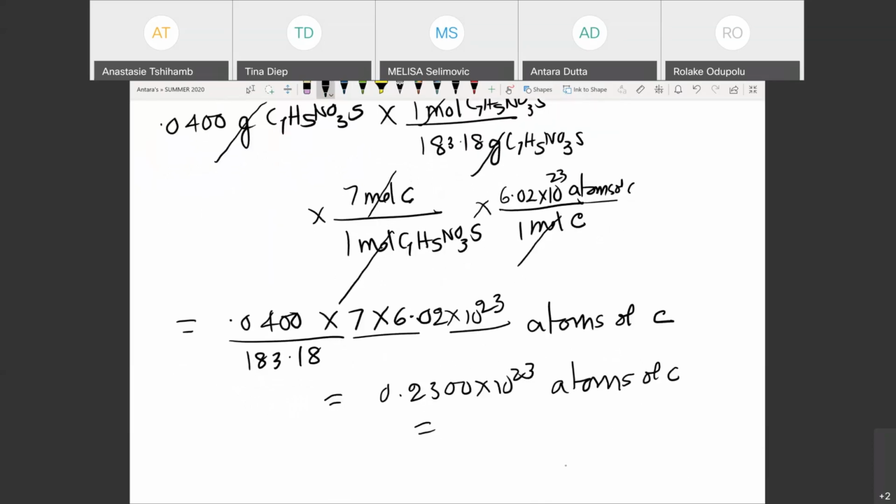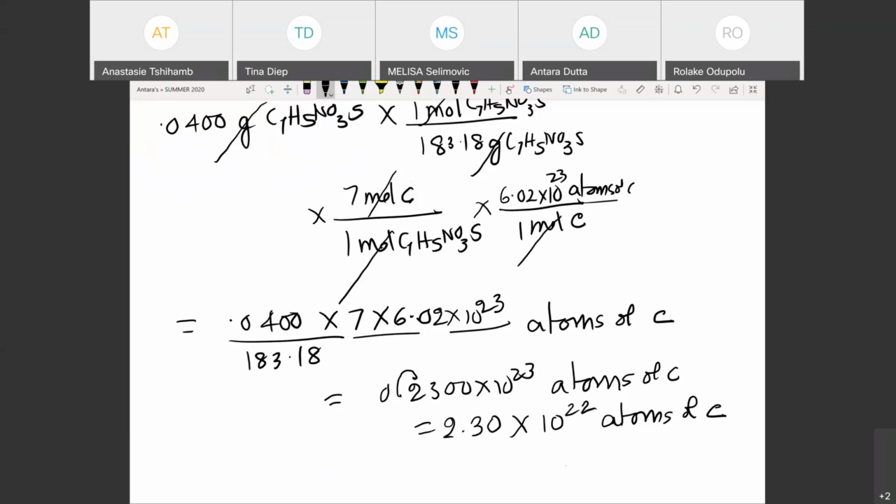So I have to write 2.30. If I move the decimal place to the right, that means I have to divide 10 to the 22 atoms of C. Did you get the same number, or is my calculator wrong again? I can check it. Times 7 times 6.02.